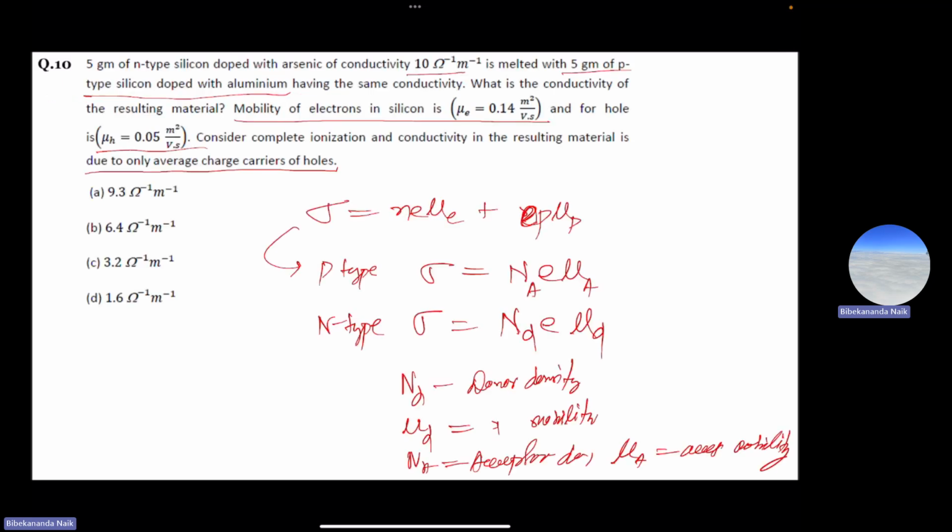Now, if you calculate the densities, Nd will be sigma by e mu e. Here you see the mass is the same, 5 gram, 5 gram, but since they have different mobility, and the concentration depends upon the conductivity and mobility, depending upon the value of the mobility, their concentration will be different.